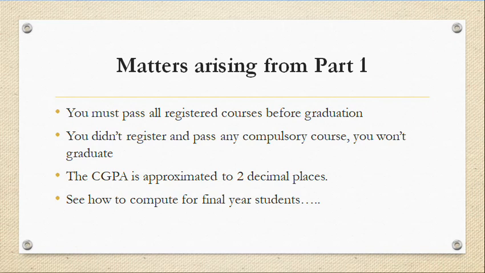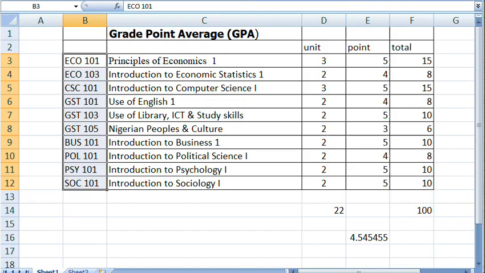I remember we just did how to calculate only the first semester of first year. So I want to quickly show you what happens to a final year student for that particular program. Remember, A is 5, B is 4, C is 3, and F is 0.